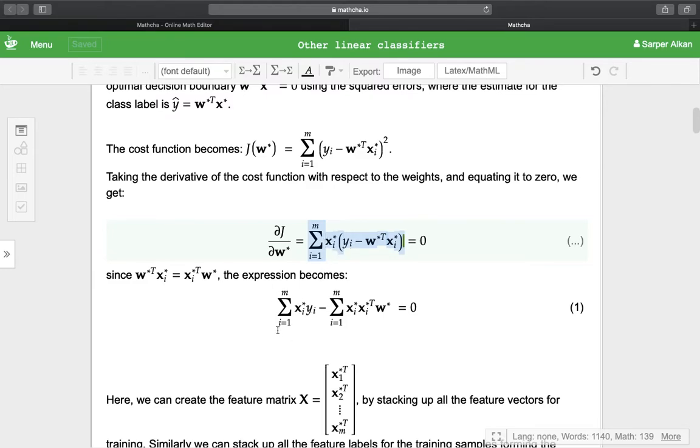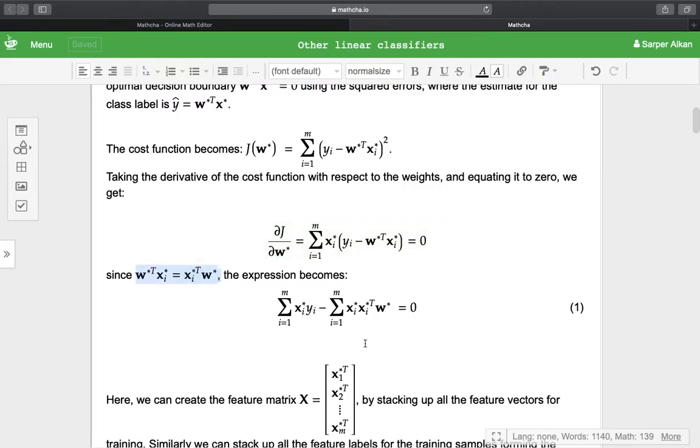So from i equals 1 to m, we have xi star times yi minus xi star, make this replacement so that xi star transpose and w star equals 0.